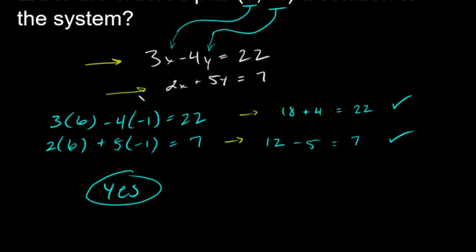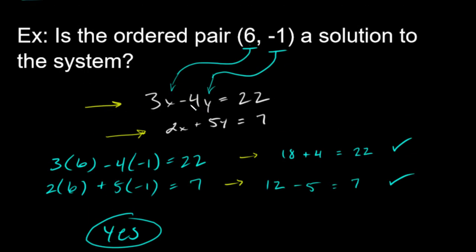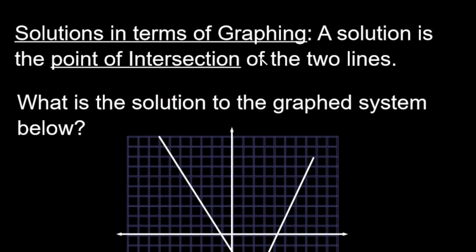These are in standard form, so find the x-intercept, find the y-intercept, and graph them. Or if you wanted, you could put it into slope-intercept form and graph them. However you want to graph, you could graph these two equations. And this (6, -1) that we determined is a solution would, when you graph both of those equations, be the point of intersection of those two lines.